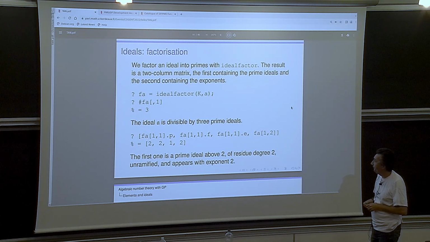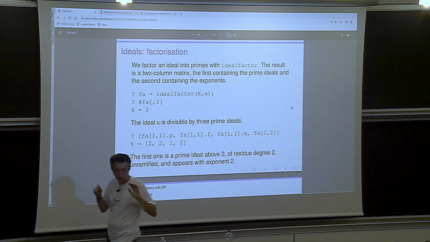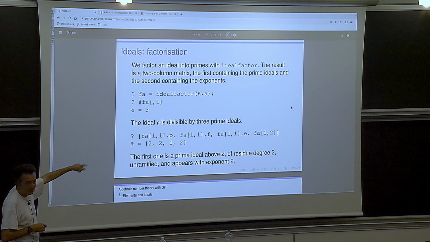Okay. Also you can deal with fractional ideals. The only point is that you will get a negative exponent when you factor them, of course.